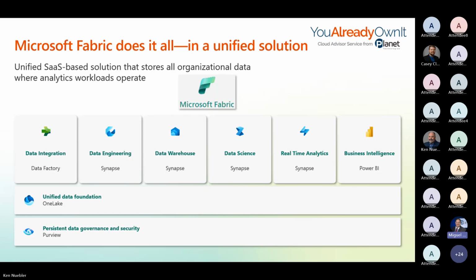What Fabric has done is bring the Microsoft Purview data governance component into it, allowing you to classify and label your data no matter where it sits. That's very, very powerful functionality. It's currently still in preview, and you'll see that when we get to the demo. But it's a single pane of glass for all of your data within your organization.